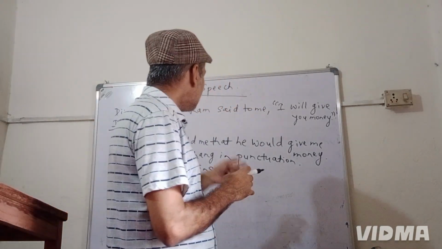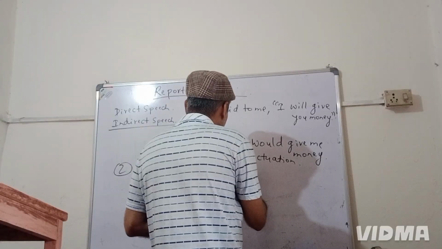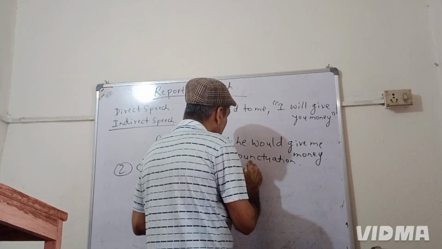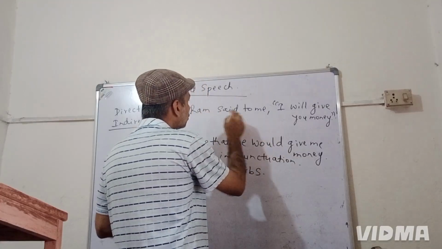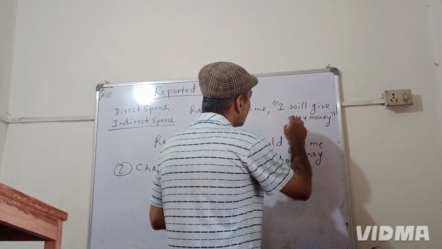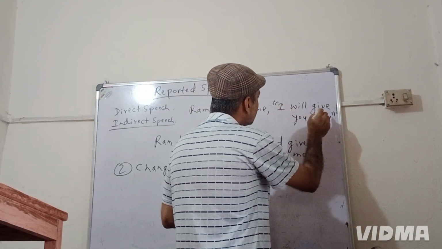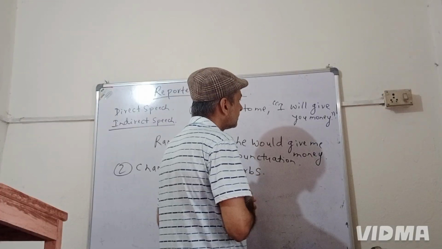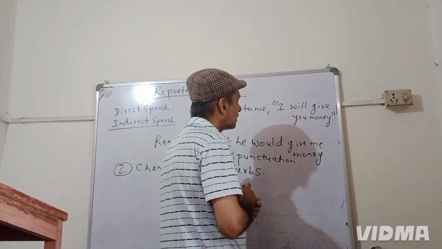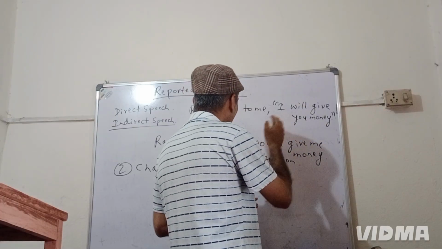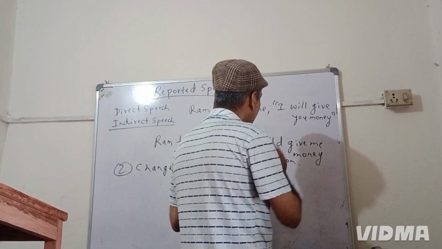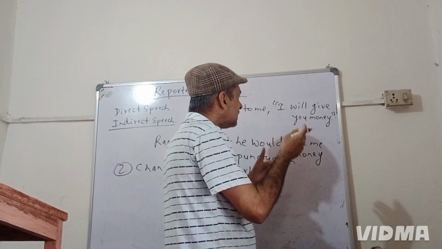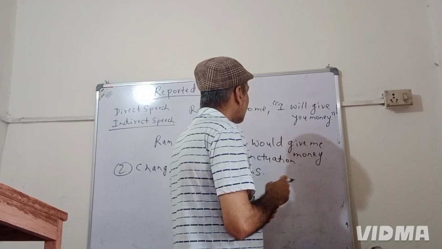Generally in this case, we have to change the tenses and the verbs. Like Ram said to me, "I will give you money." Which tense is it in? It is in simple future. And you have changed it into future perfect. So these are the changes that you have to make.